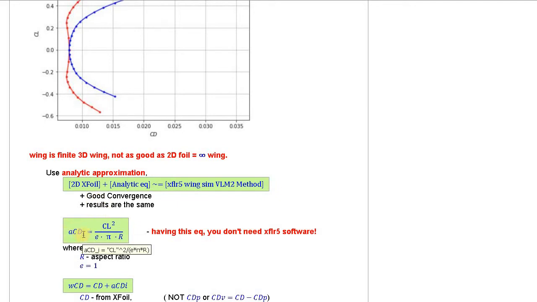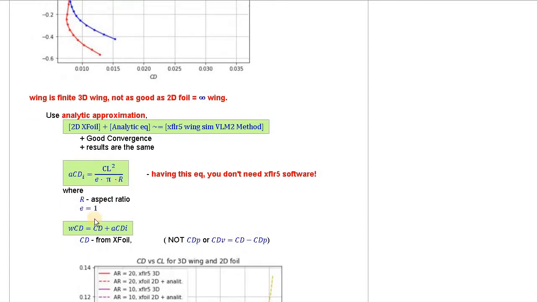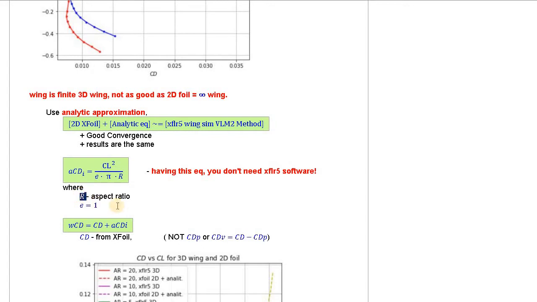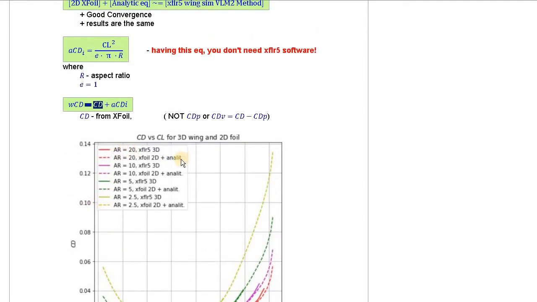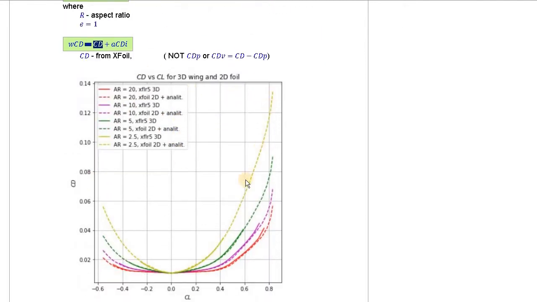So actually, what we can do is use the induced drag equation. In this equation, AR is the aspect ratio of the wing and e is the quality factor, which has to be 1. If we plug in those numbers and add this induced drag to the total drag obtained from XFoil, we're going to receive the following results, which actually are the same as the software we use.